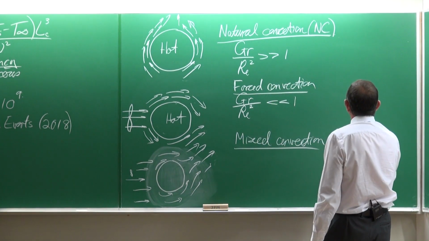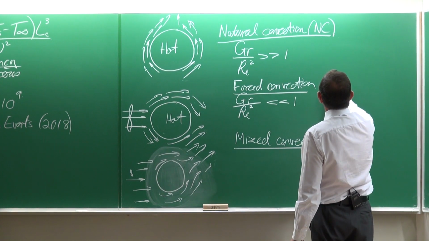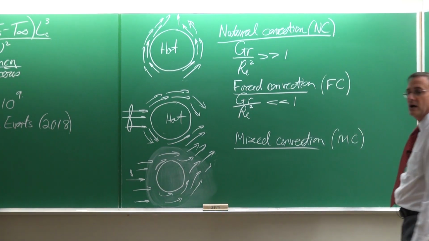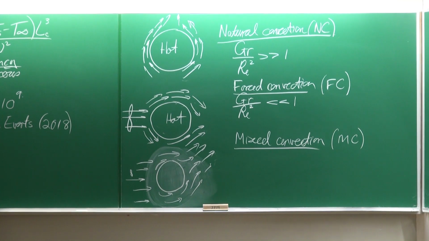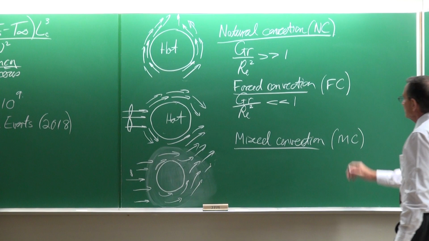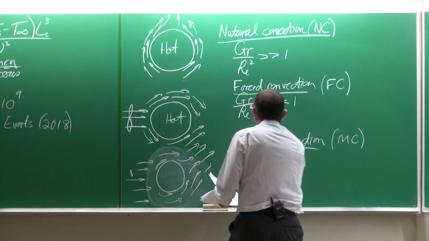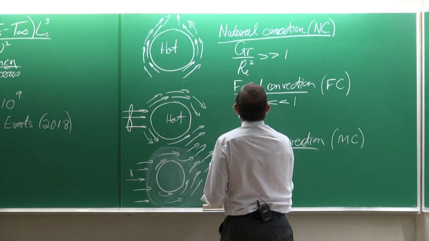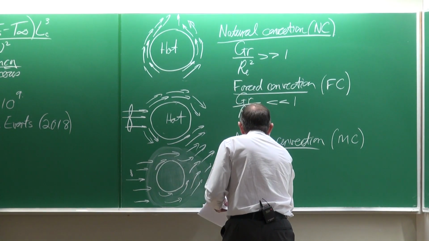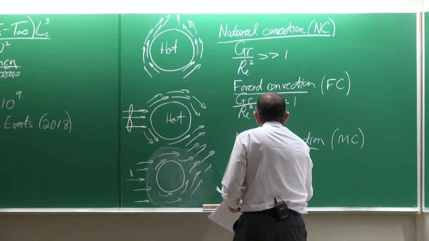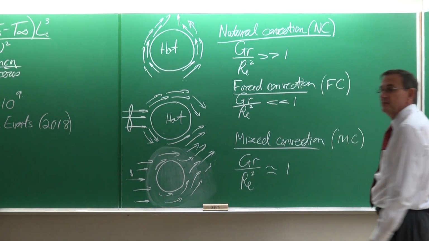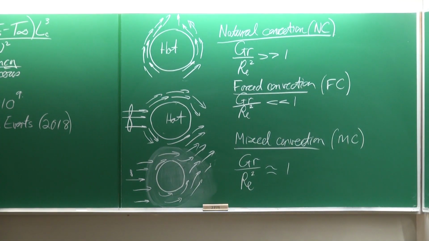Or MC for mixed convection, and that one FC for forced convection. I'm going to use that a few times. NC for natural convection, FC for forced convection, and MC for mixed convection. And for this case, we've got the Grashof number divided by the Reynolds number square, orders of magnitude approximately equal to 1.